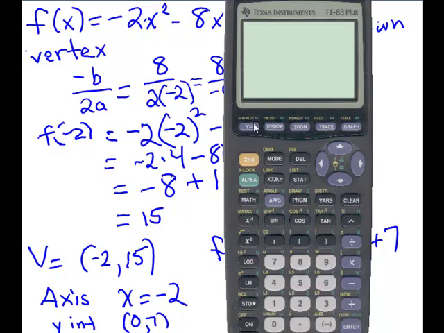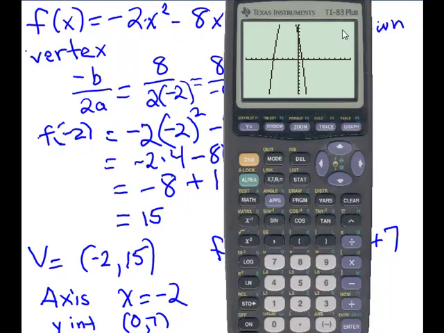So we will turn it on, go under y equals, negative 2x squared minus 8x plus 7, and we'll tell it to graph. All right, and see, it's going off the grid.